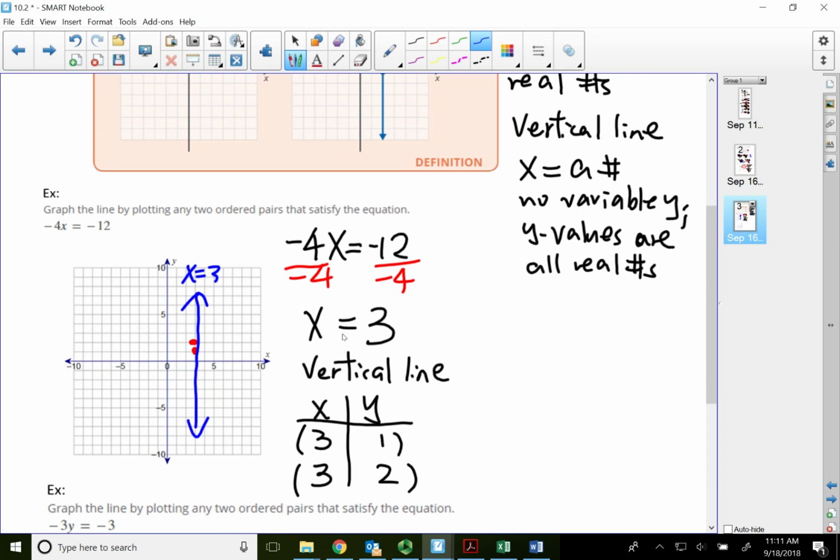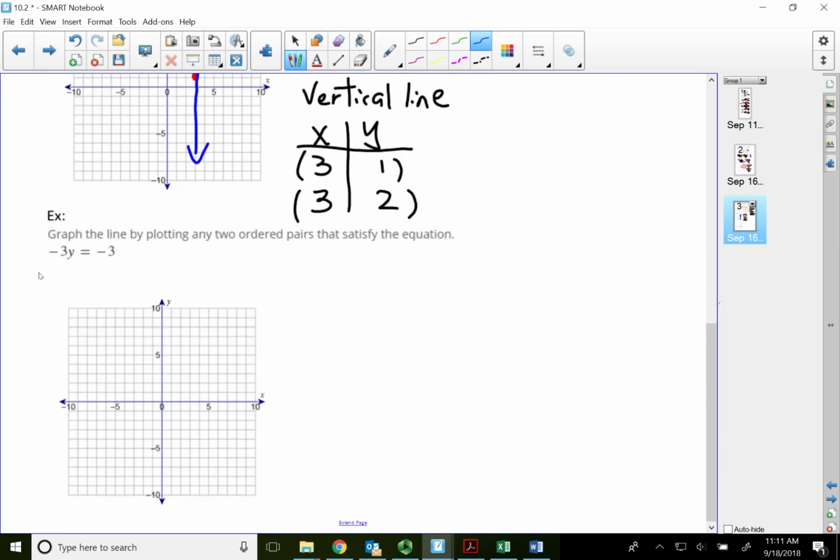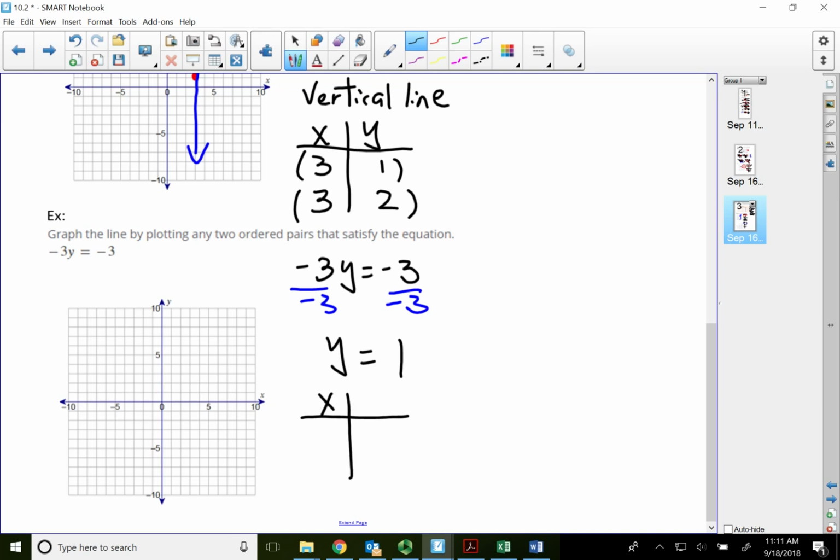Okay? So for this equation, negative 3y equal to negative 3, you first notice there's no variable x in it. If I simply divide both sides by negative 3, we see that y is equal to positive 1. There's no variable x, but the y values are locked in at 1.